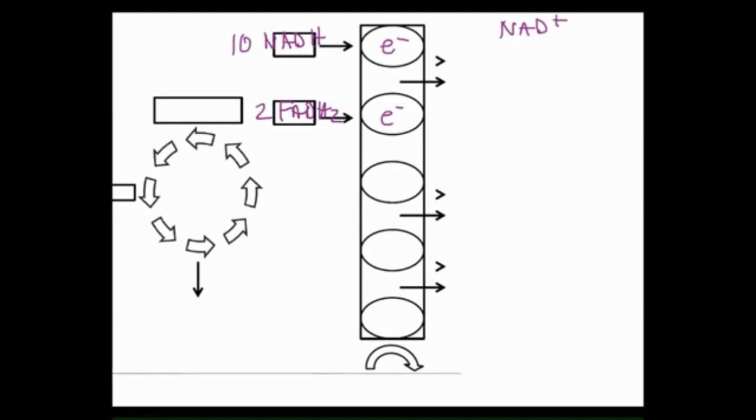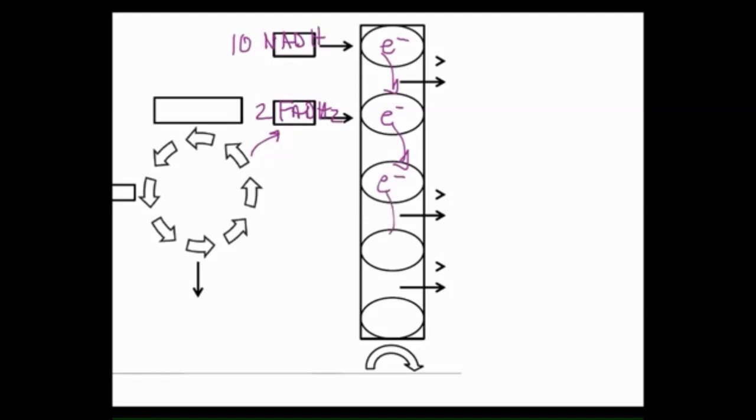FAD, when it is empty, is going to be in the form of FAD. There's no plus there. And so FAD is going to go back to the citric acid cycle to pick up more electrons to become a full electron carrier and then, of course, bring them back here to the electron transport chain. So it's doing the exact same thing. So we do want to make sure that we account for those carriers.